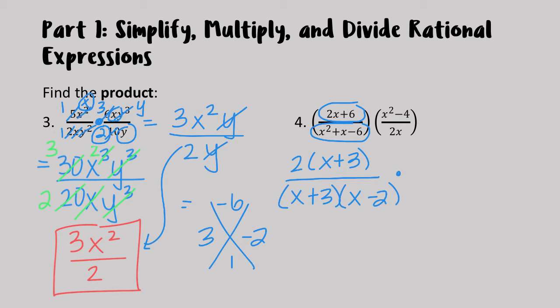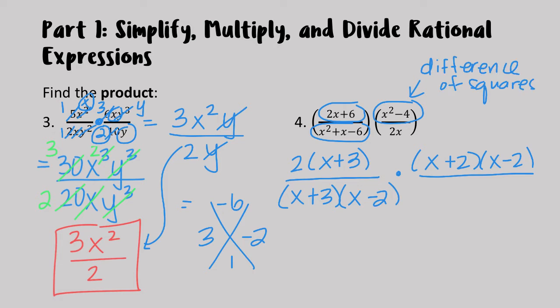And then I'm multiplying that whole thing by this fraction. So I'm looking at the numerator, x squared minus 4. That's a difference of squares, x plus 2, x minus 2. So that's one of those special factoring ones, a difference of squares. And then 2x in the denominator is just 2x, it can't be simplified.